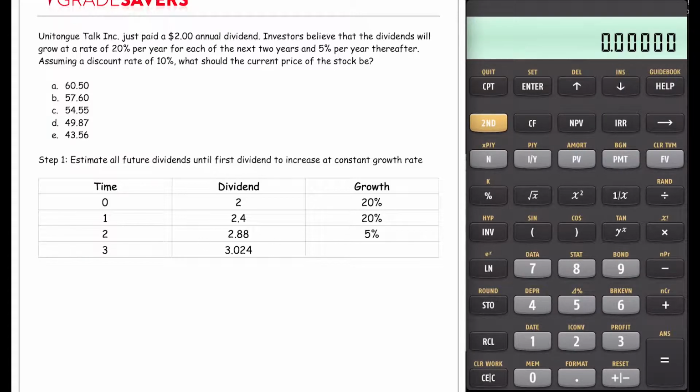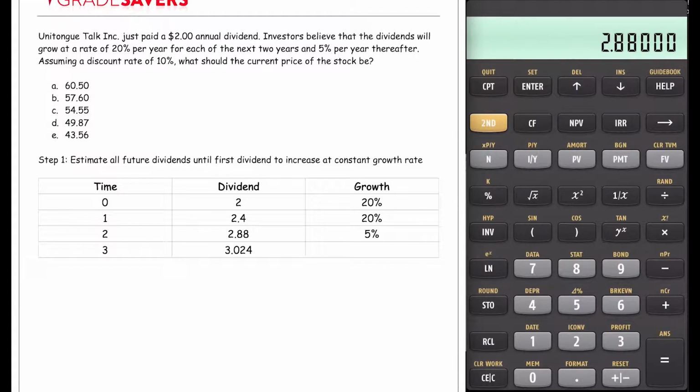So I can simply press 2 plus 20% equals, and that would be the dividend for time 1. We can save that dividend by pressing STO followed by 1. And then I can continue the process. I can press plus 20% equals, and this will offer me the dividend at time 2.